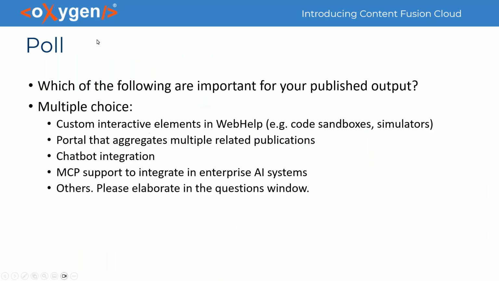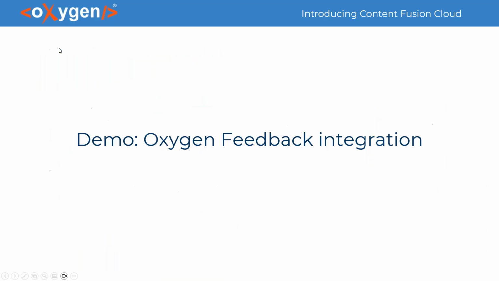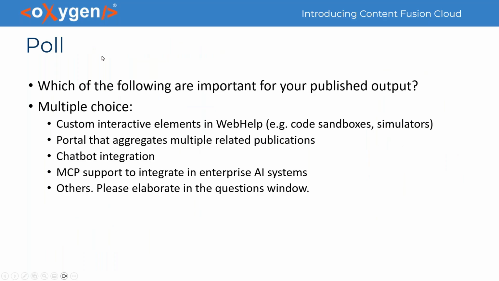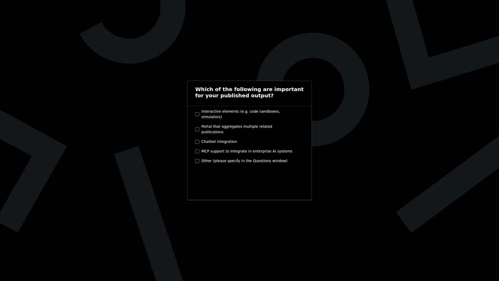Okay, now after I showed you how our publishing platform works, I want to ask my colleague Aline to help me run another poll, which asks which of the following are important for your published output. You can check many of them.